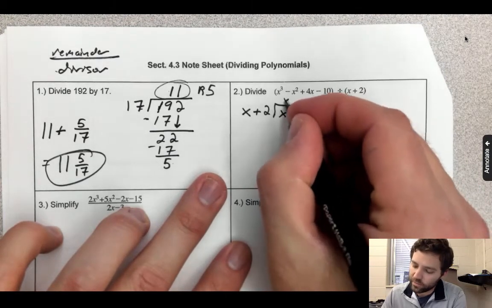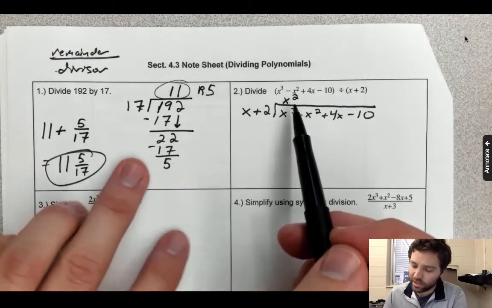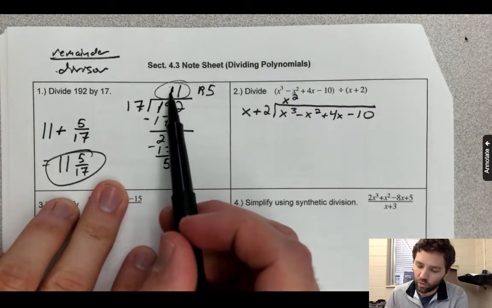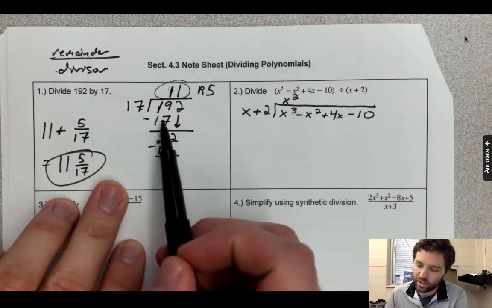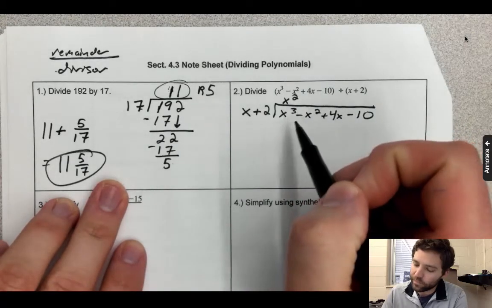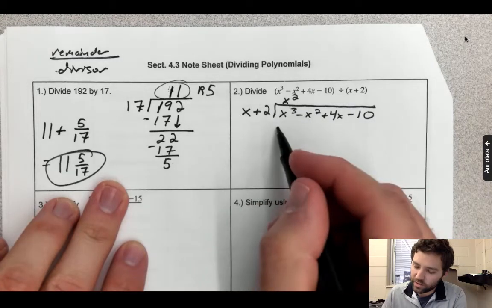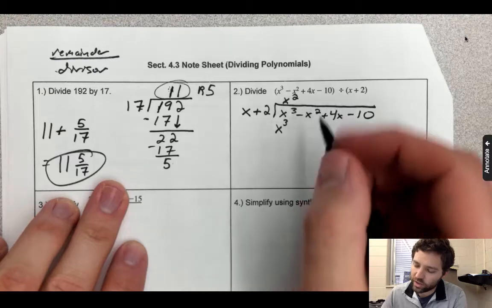It's x squared. Now, just like over here when I said 1 at first, I could have taken 1 times 1, which is 1, and then 1 times 7, which is 7, to get 17 here. I'm going to do the same thing over here. I'm going to take x squared times x, that's x cubed. x squared times 2 is 2x squared.